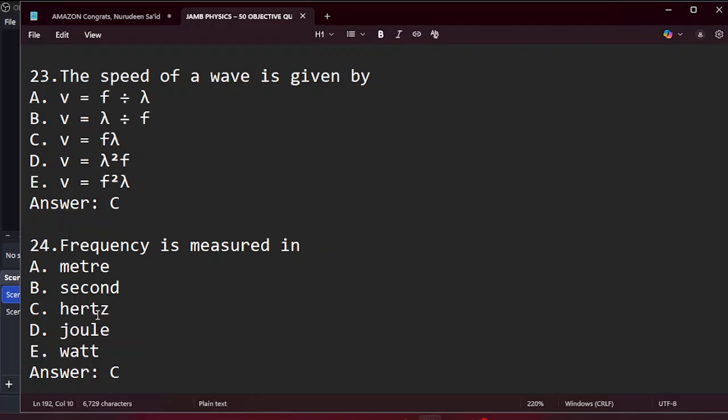D. Velocity, which is V, is equal to wavelength squared multiplied by F, that's frequency. E. Velocity is equal to frequency squared times wavelength. The answer is C, which is velocity V is equal to frequency F times wavelength.